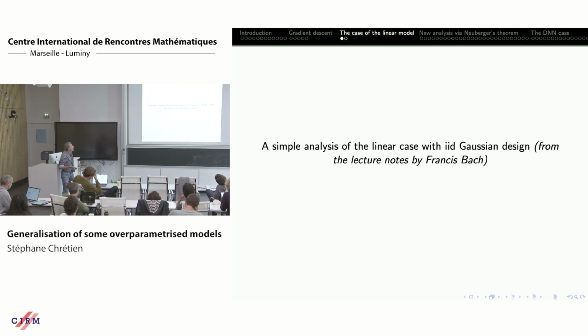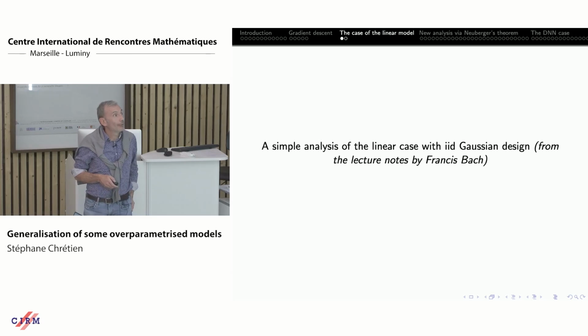So a simple analysis that is very nicely presented in Francis's book. I don't know when you will publish it. Soon, okay. So this is a great book to read.